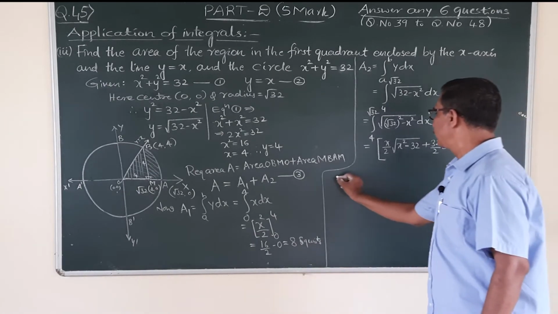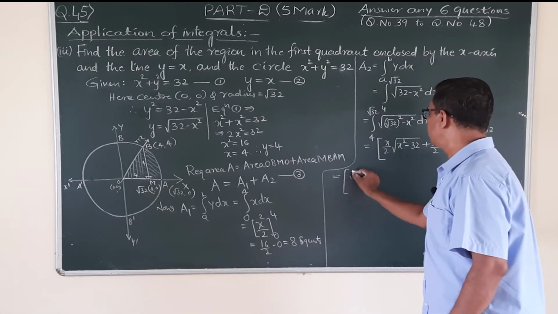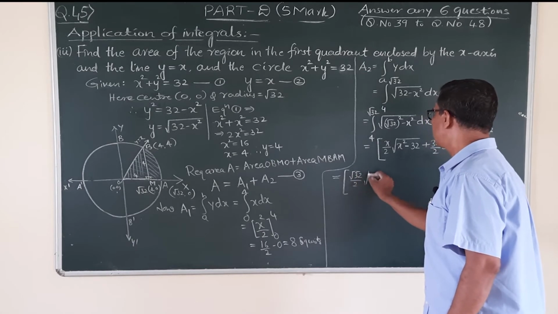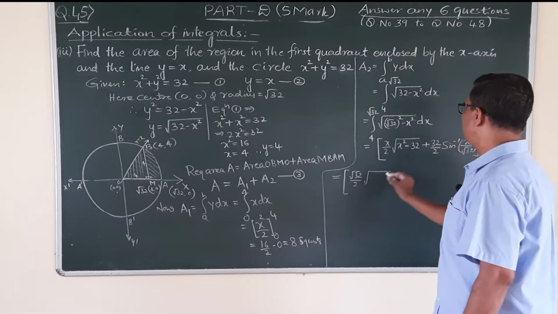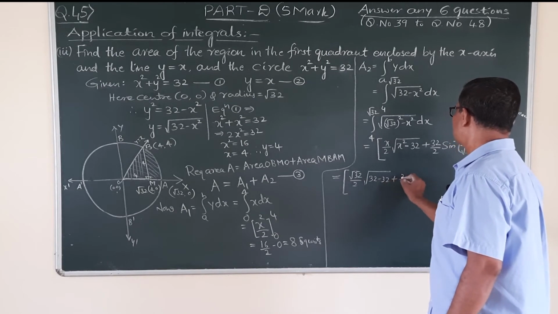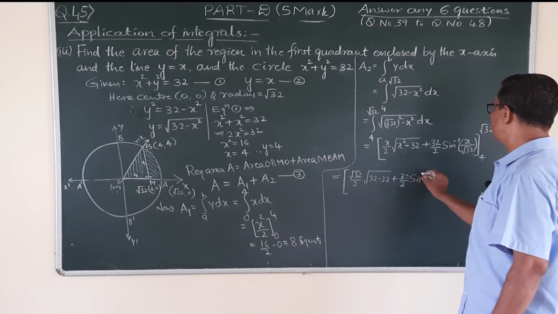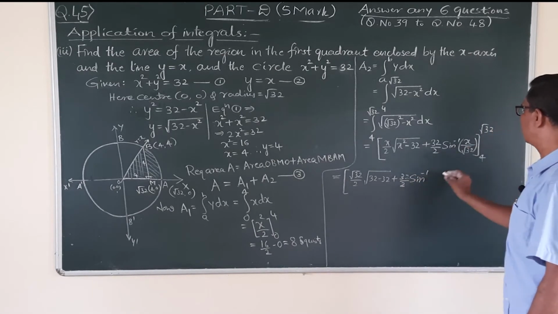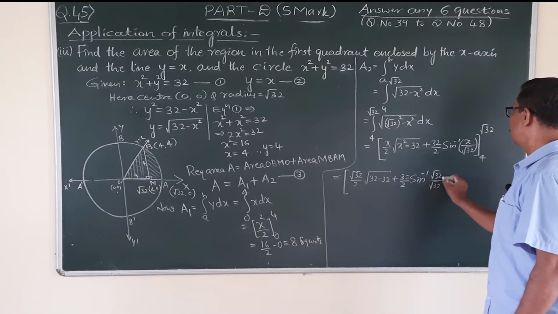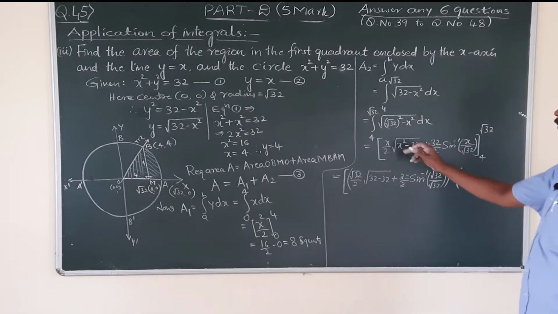Right? Put x equal to the upper limit as well as the lower limit. Put x equal to the upper limit root 32: root 32 by 2 under root of 32 minus x square, x value root 32, x square is 32, so 32 minus 32, plus 32 by 2 sin inverse of root 32 by root 32. Correct? This is upper limit minus lower limit.